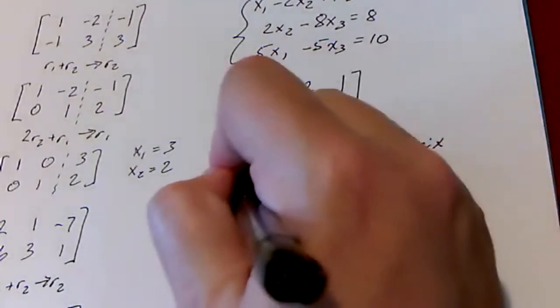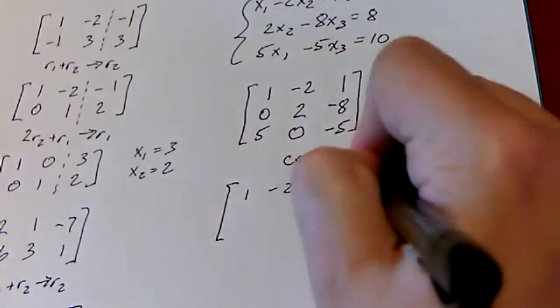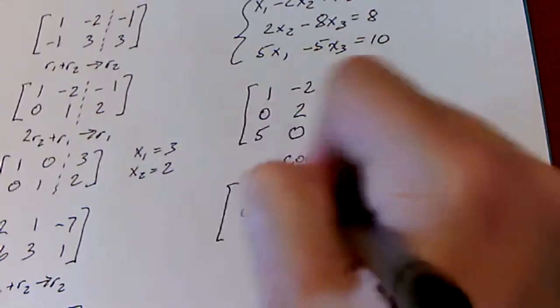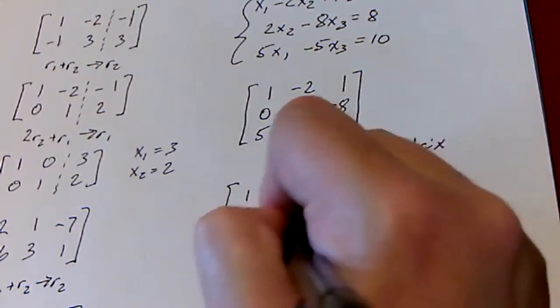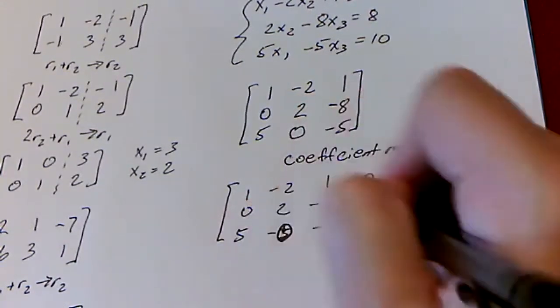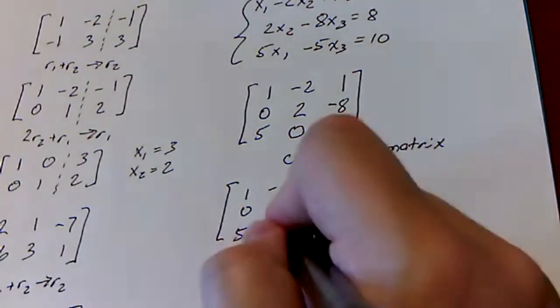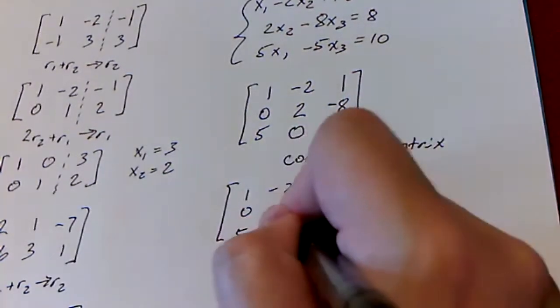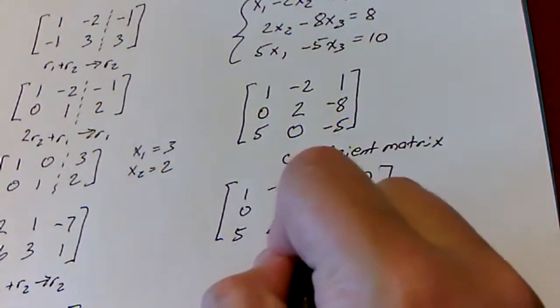And then more like what we wrote in the previous systems, if I take that same matrix but put the equals side of the equation on here, 0, 8, and then 10 here, right, for the third equation. Oh, I got ahead of myself. We call this an augmented matrix.